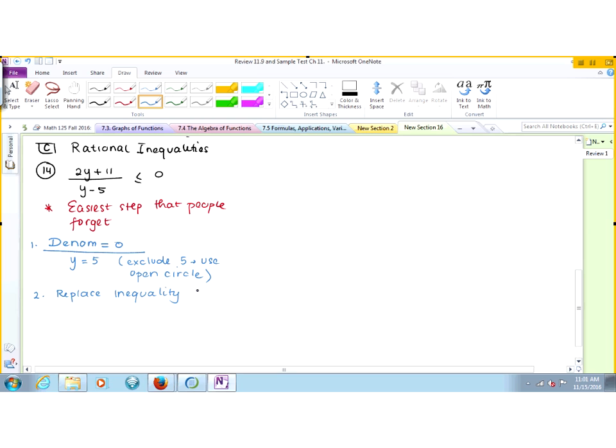The second step is the same as before: replace the inequality sign by an equal sign and solve. So if I replace it by an equal sign, then I have 2y plus 11 over y minus 5 equals 0. What would you do here to solve it?